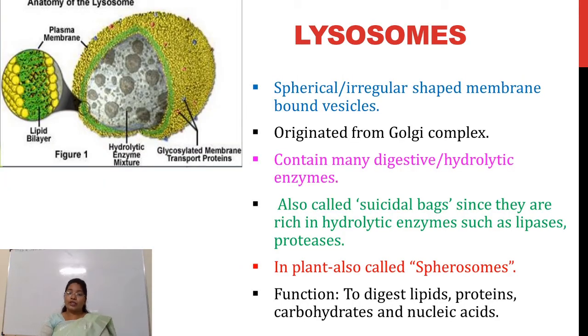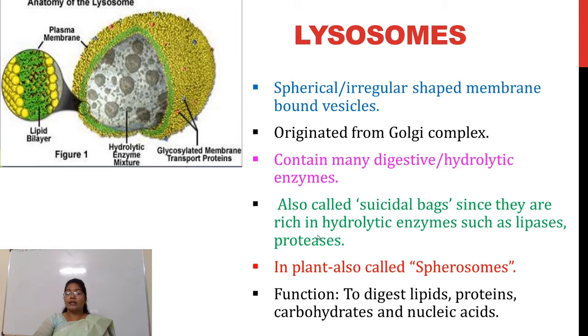The next structure is the lysosome. Lysosomes are spherical or irregular shaped membrane bound vesicles originating from the Golgi complex. Their important feature is that they contain many digestive or hydrolytic enzymes, such as lipases and proteases, so they are also called suicidal bags.